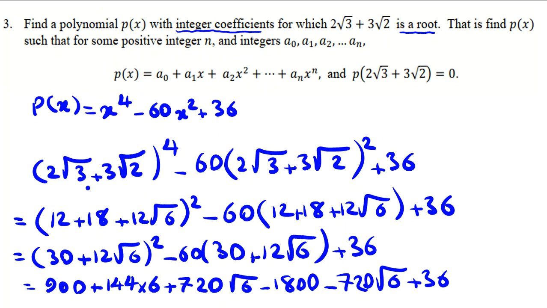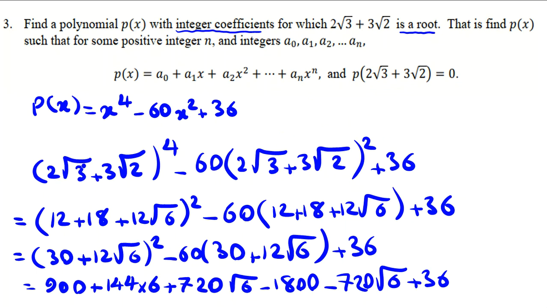So here I consider p of x equals x to the fourth minus 60x squared plus 36, and I will now prove this polynomial works. I replace x with 2 root 3 plus 3 root 2. It would be (2 root 3 plus 3 root 2) to the fourth minus 60 times (2 root 3 plus 3 root 2) squared plus 36.